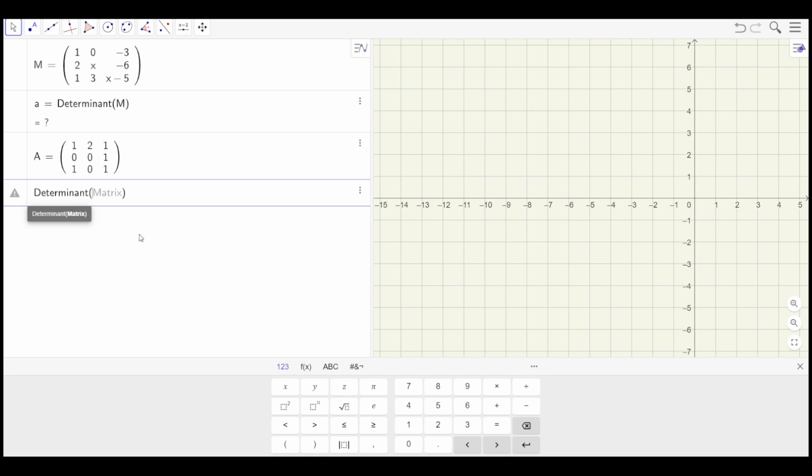I have A times A transpose, yes? So I would say A, let me put a multiplication sign. And then I think transpose is also like this, yes? So transpose of my matrix, which is A. Yes?